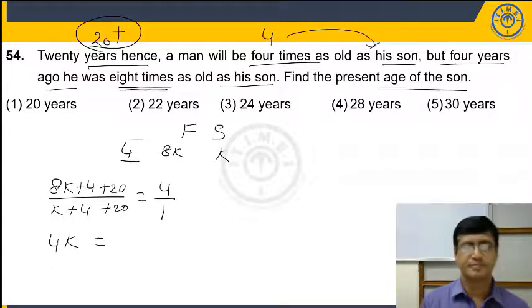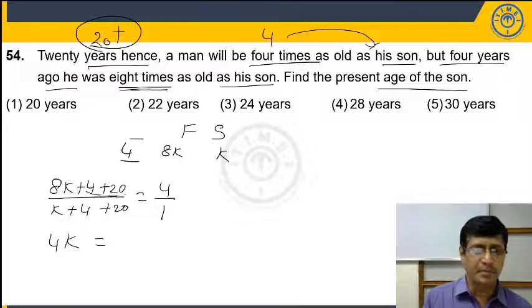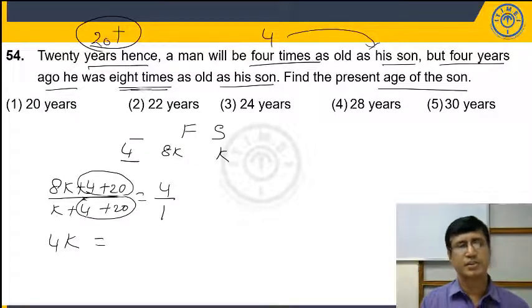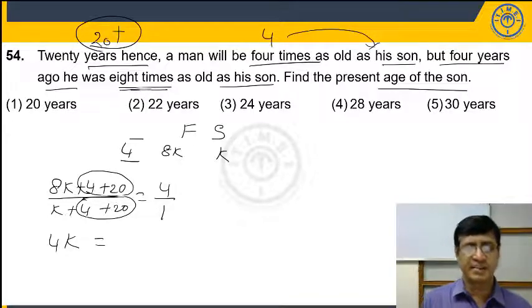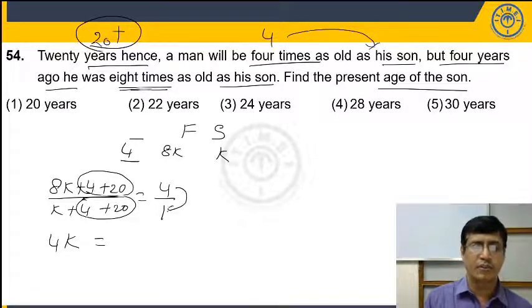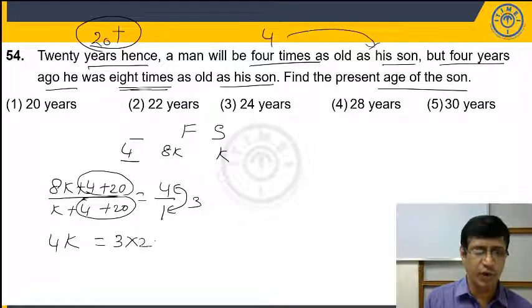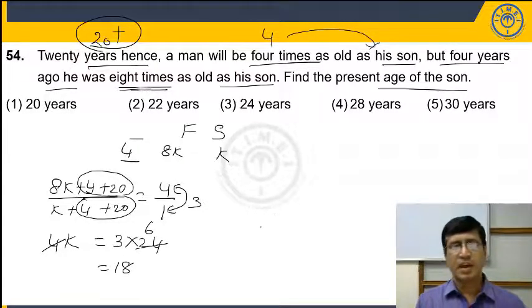Am I right? Now the same number, same value is added on either side. 4 plus 20, 24. Same number is added. Just observe the difference in the ratio. Difference in the ratio is equal to 3 parts. So 3 into 24. 4k is equal to 3 into 24, meaning k is equal to 18.